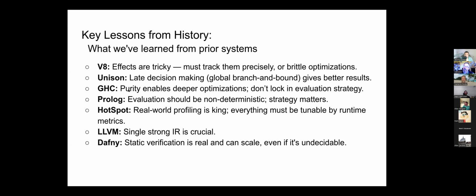That's GHC, the folks who did perfect scheduling and register allocation together. Then from GHC: purity, Prolog: non-determinism, HotSpot: real-world profiling, LLVM: a strong IR, and then Dafny is the one programming language that actually does a little bit of static verification.